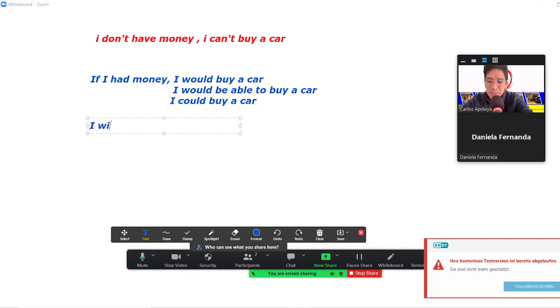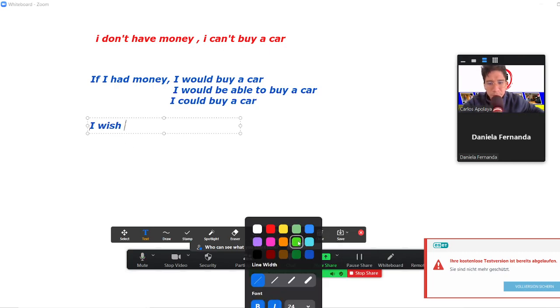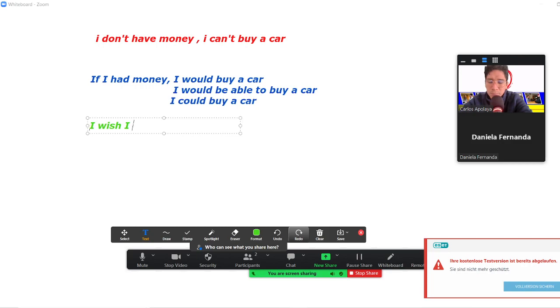Yo lo deseo, ¿cómo sería? I wish I had money. I wish I had money to buy a car. Es un deseo.